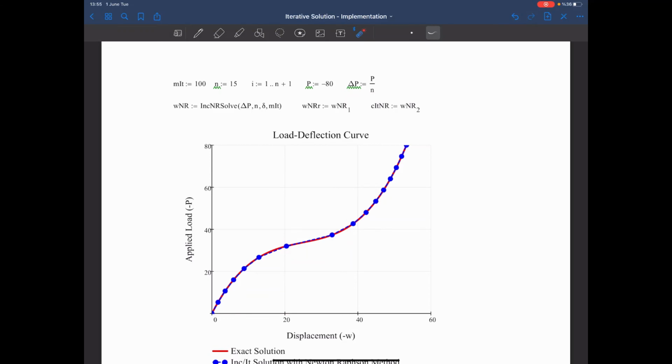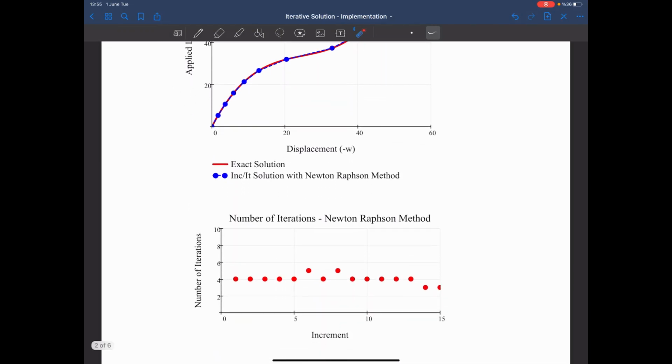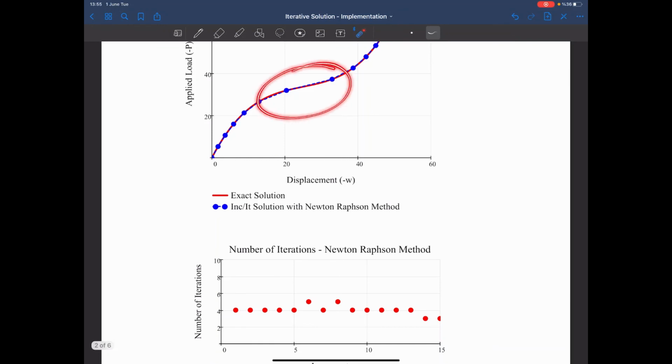Now let's take a look at the number of iterations. So at every step I reach a convergence in almost 4 iterations. So when the nonlinearity increases at this region, I see 5 iterations. So that's a very nice number of iterations, 4 or 5 iterations, and I was able to converge to the equilibrium.